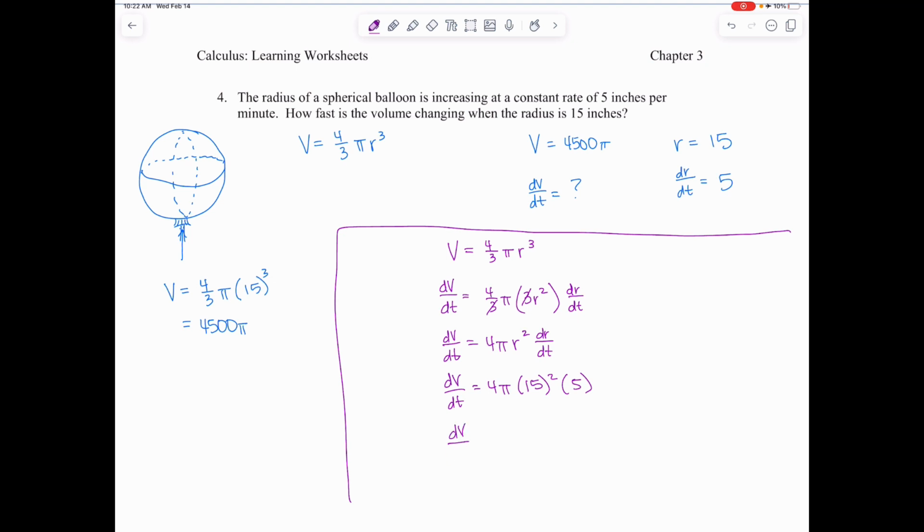dv dt is going to give us 4,500 pi, which is approximately 14,137.